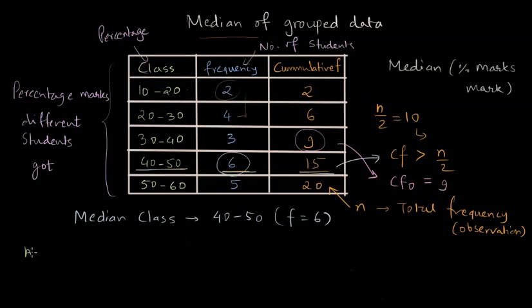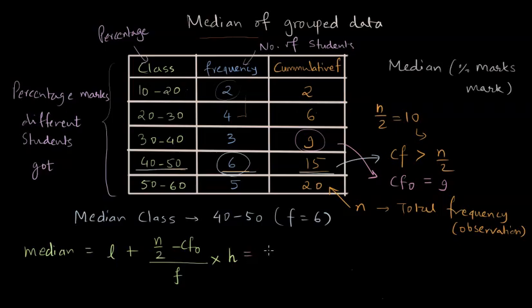Now the formula for median is given as follows. We write the lower limit of the median class first, which is given by L, and we add to it the fraction where the numerator is n by 2 minus CF naught, divided by the frequency of the median class, and this fraction is multiplied by h, which is the range of the class.